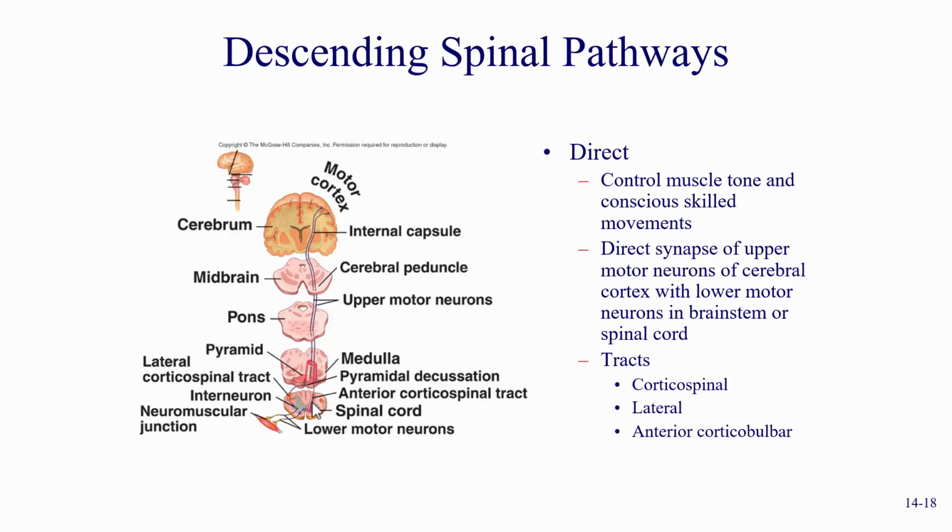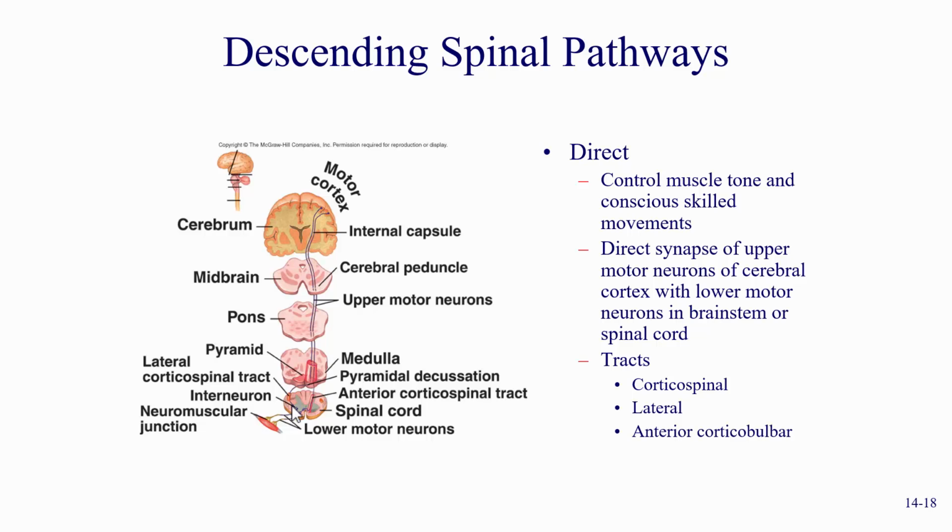And when they reach the level of the spinal cord where they need to cross over, they'll cross over from there. Okay. Now at the pyramidal decussation, as they cross over, they're going to continue down through the lateral corticospinal tract.